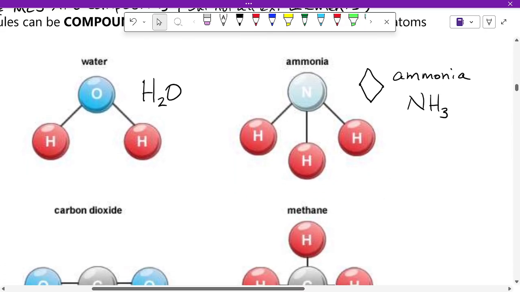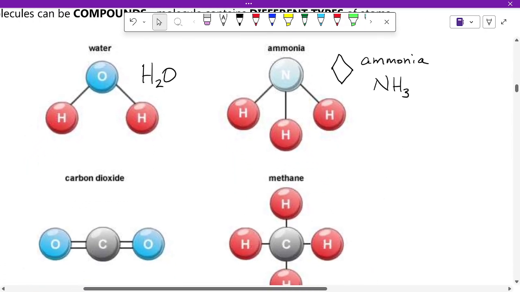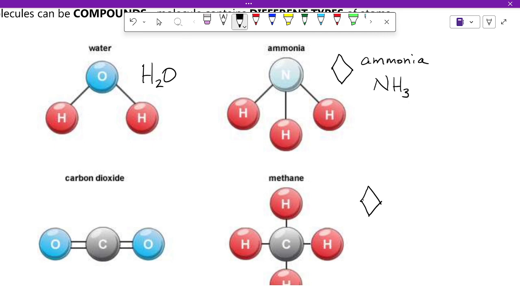Carbon dioxide, CO2. And we'll be learning about that when we do our naming. And then if you want to, again, methane is CH4. But those are optional.